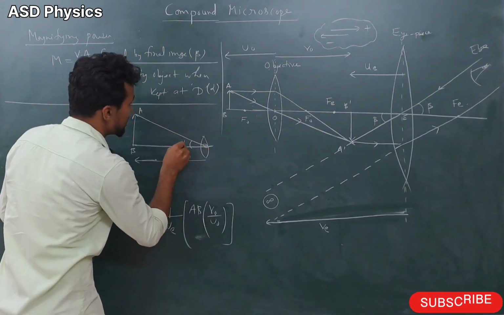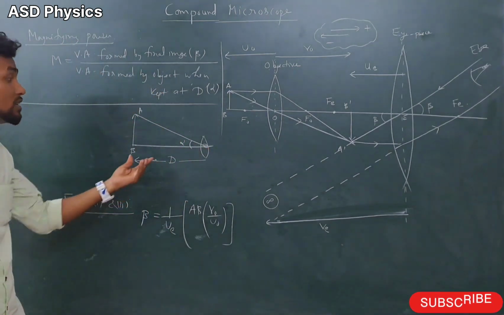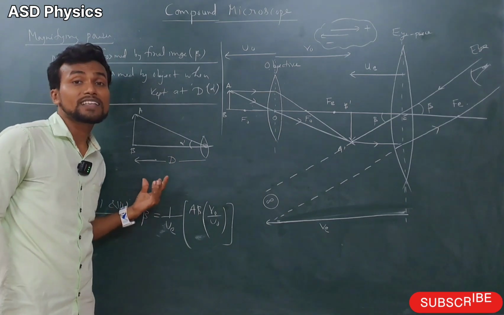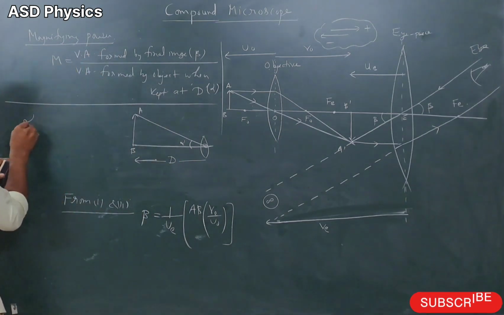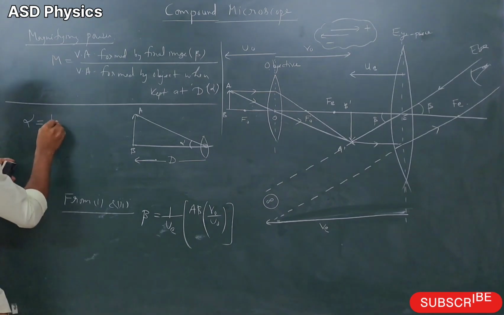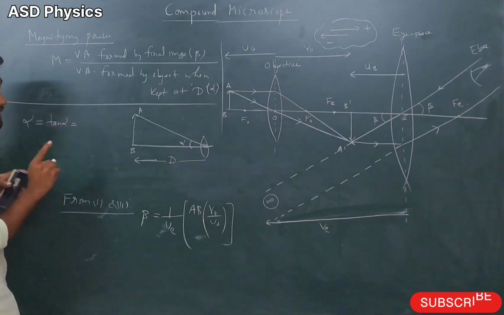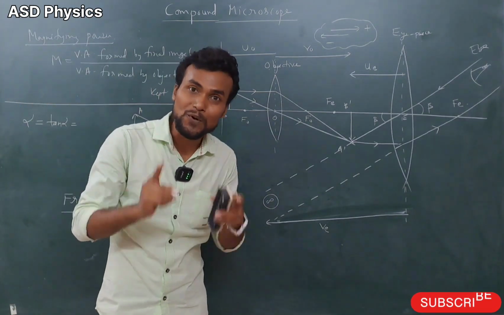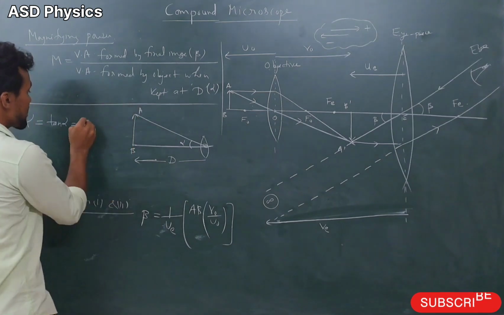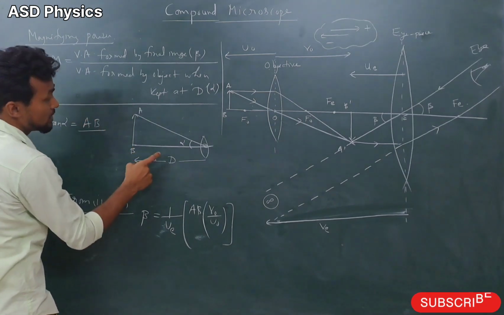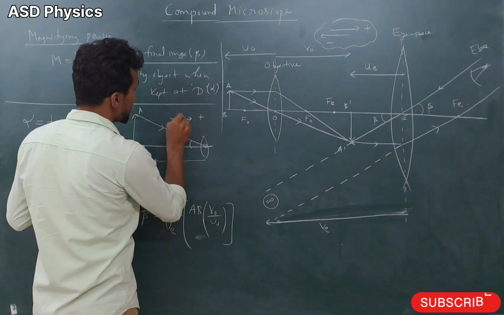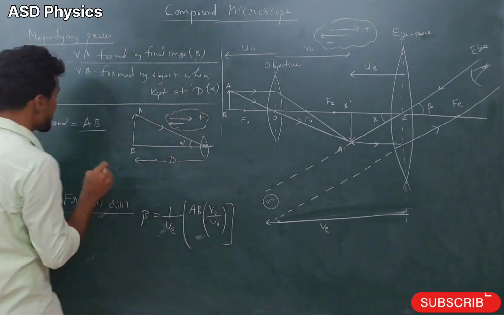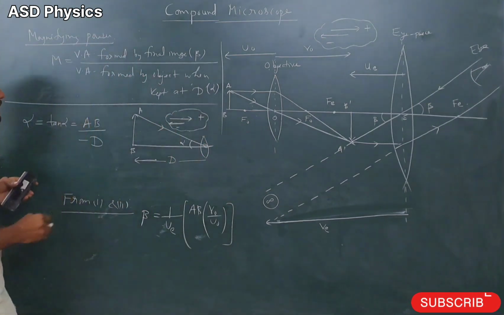So this angle is called the visual angle alpha, because the object is at capital D distance. So from here we can tell this alpha is approximately tan alpha, and here also opposite by adjacent. So we can tell here AB by minus D. Why? Because the ray is traveling this side, this is plus and this is minus. So alpha is AB by minus D.